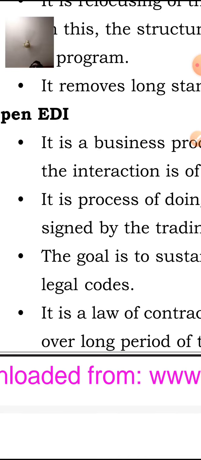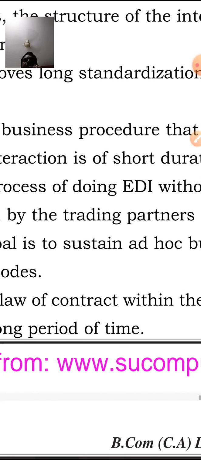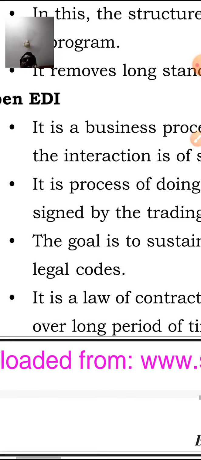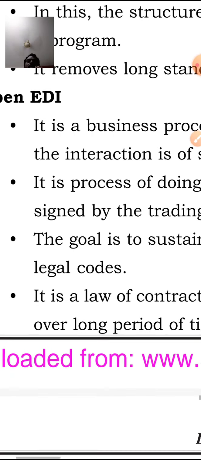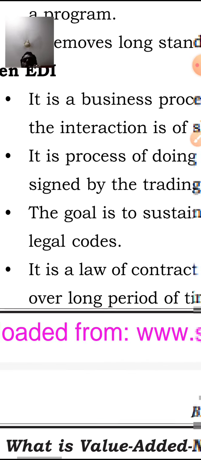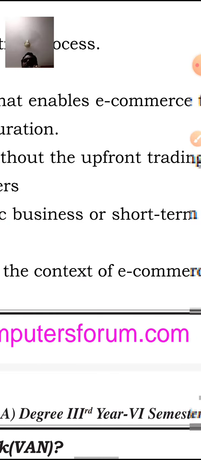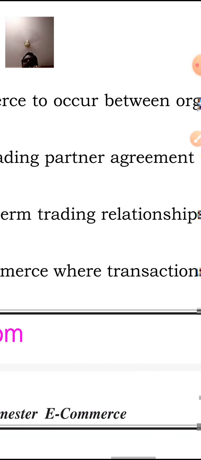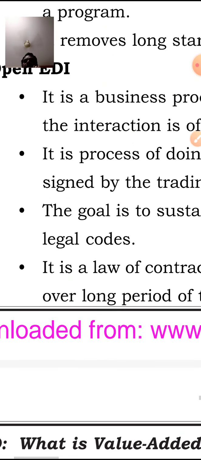The open EDI allows the signing of those agreements at a particular current time only. The goal is to sustain ad hoc business or short-term trading relationships using simpler legal codes.